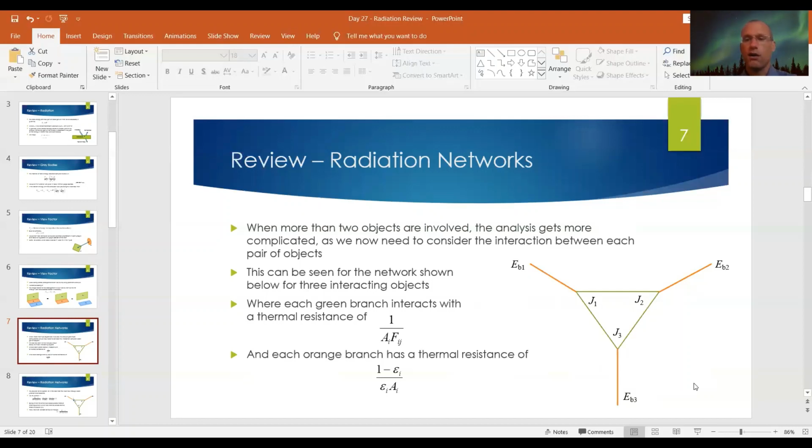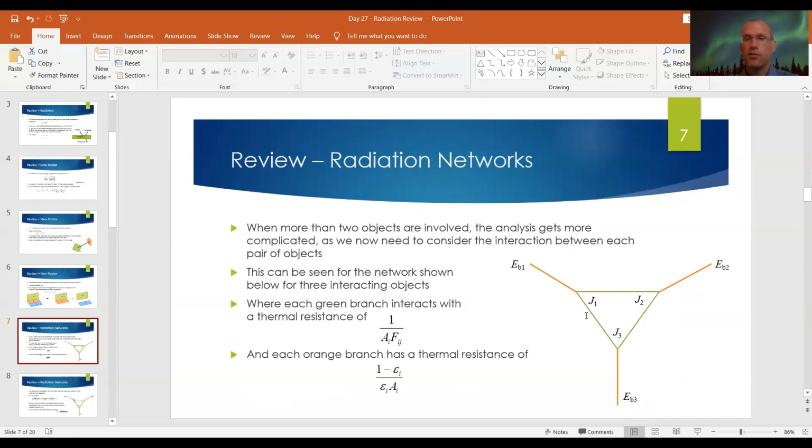The 3-object radiation networks are a bit more complicated, mainly because object 1 interacts with both object 2 and object 3, and the same for object 2, which interacts with both object 1 and object 3. So I have this triangular sort of network, and it ends up with these J's.